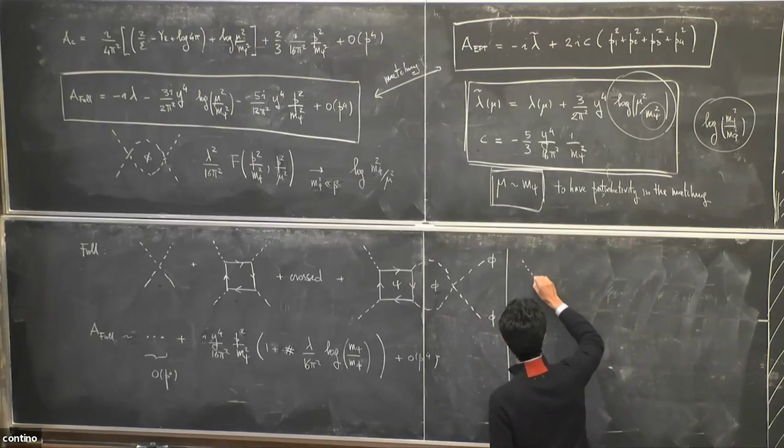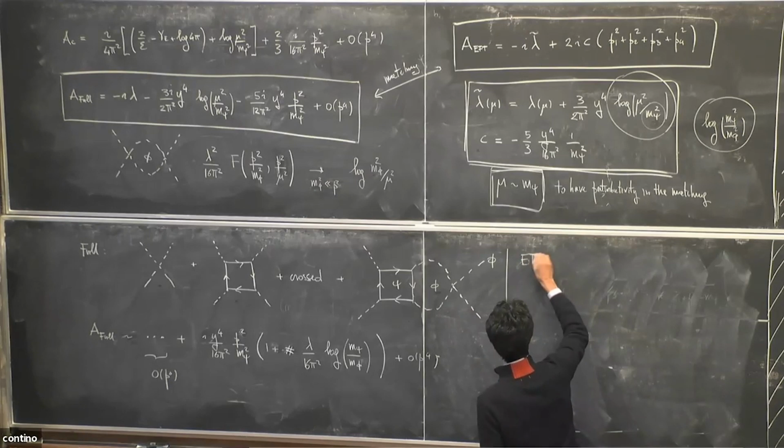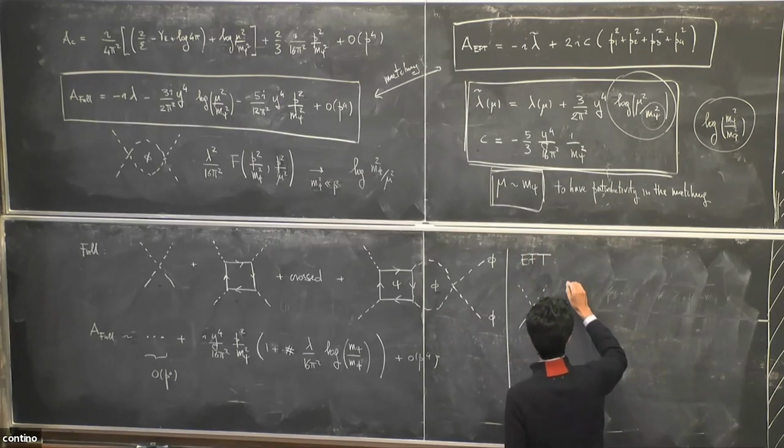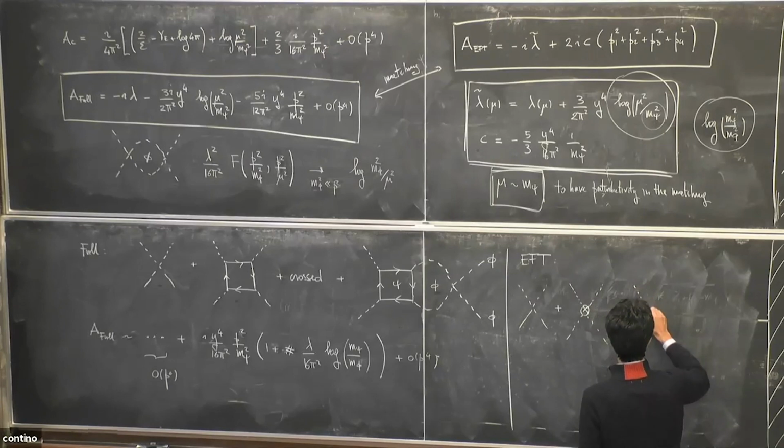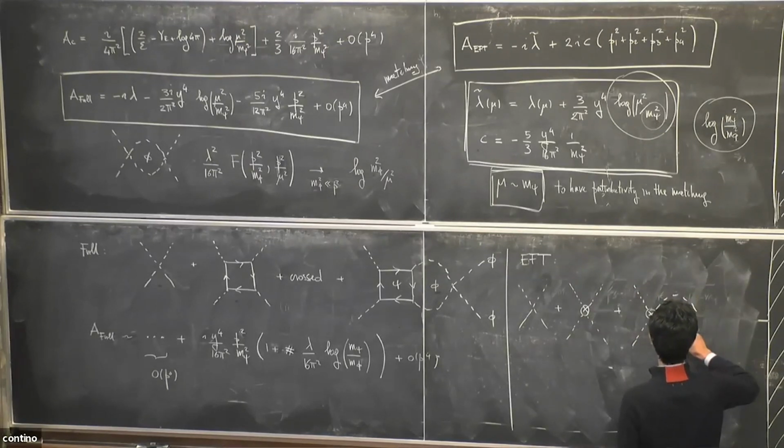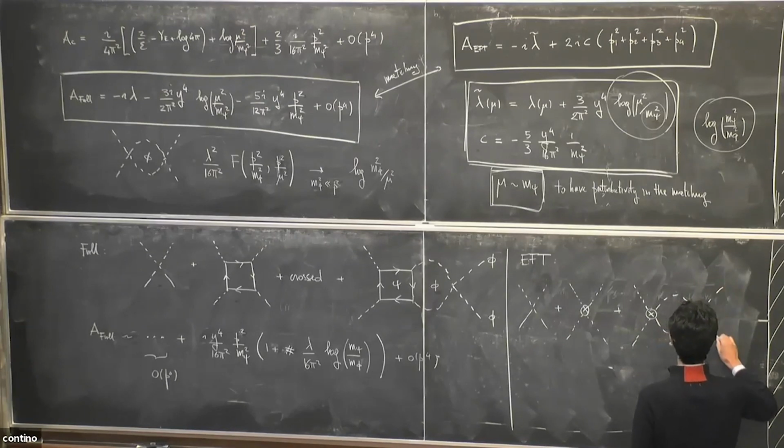So in the effective field theory, you will have the diagrams that we already saw, plus a one loop insertion, where this is a standard quartic interaction, and here instead there is the effective vertex.